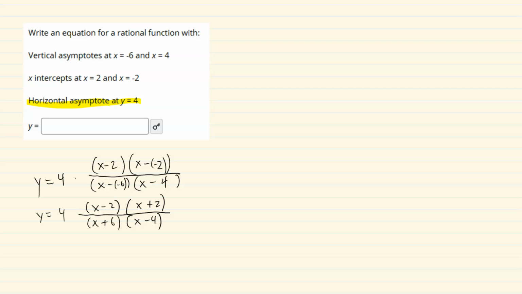We're actually done now, but I wanted to slightly explain where I was discussing how you would solve for the vertical asymptote by setting the denominator equal to 0 and solving for x. Notice that if we were to take this denominator, and I'll do this off to the side, to solve for the vertical asymptotes, VA, we would set the denominator x plus 6, x minus 4, equal to 0.